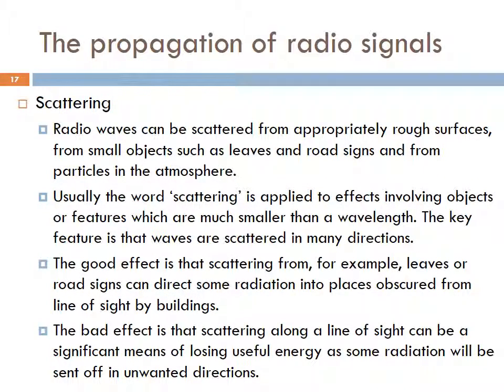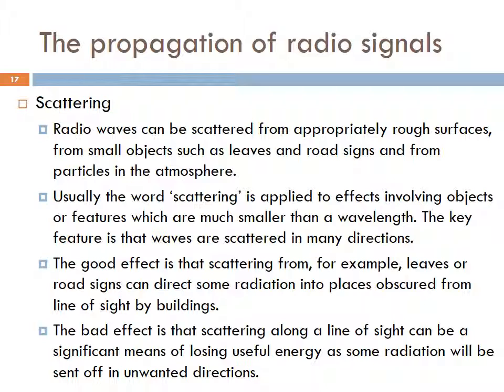Another factor is scattering. So, for example, if you shine a torch in a smoky room, the beam is revealed as light is scattered from the tiny smoke particles in the air. Similarly, light shining on a rough surface is scattered in all directions, allowing the surface to be seen from any angle.